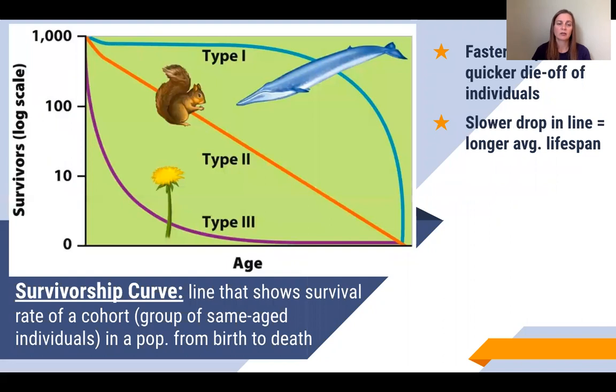Let's go back to the picture for just a second. With type 1, you can see very few of them die off early on, very few die off as we go along, and then late in life, as we reach old age, many of them begin to die off.